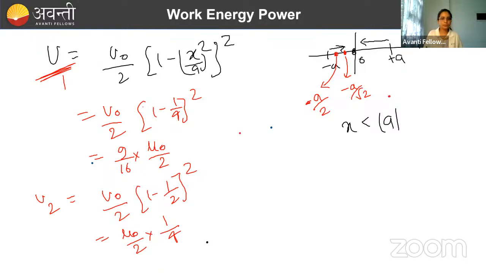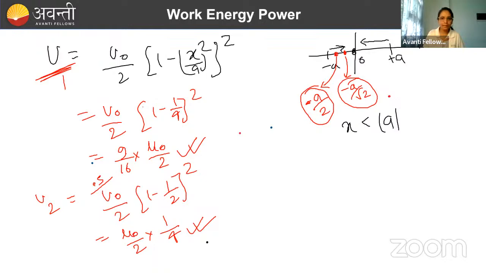Yes, this is 1/4. So what is happening? At -a/2, the potential energy value is more, and at -a/√2, the potential energy value is less. 9/16 if you calculate will be something greater than 0.5, and this will be 0.2 something.